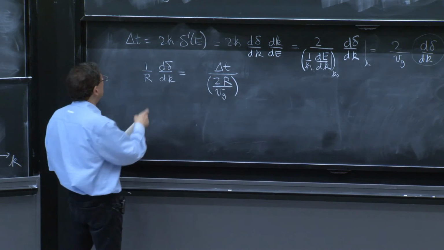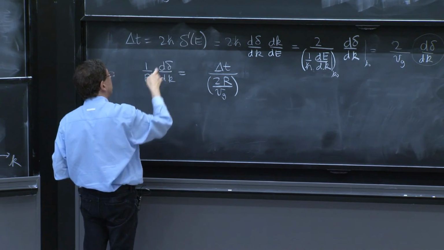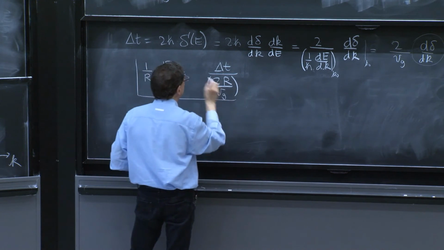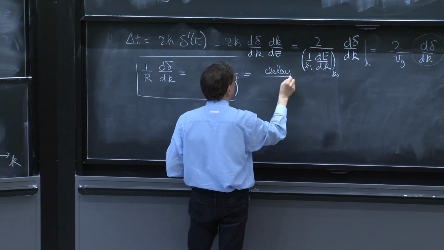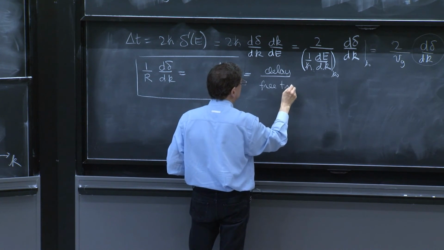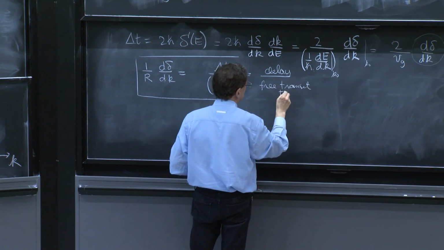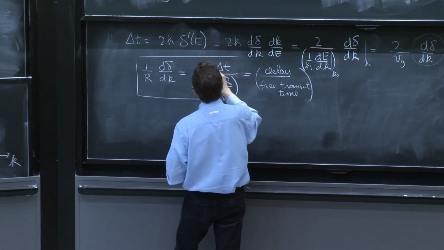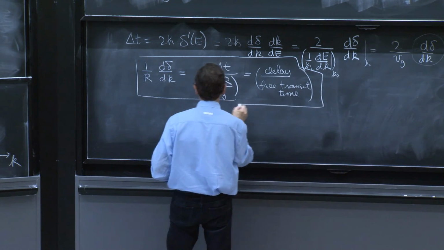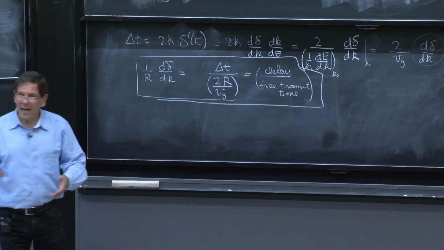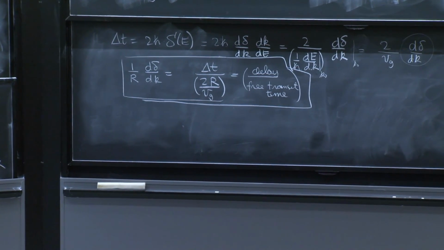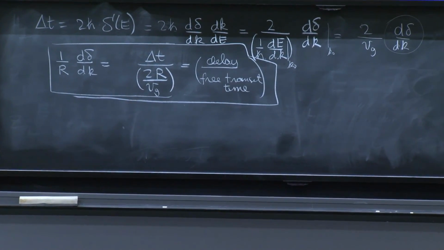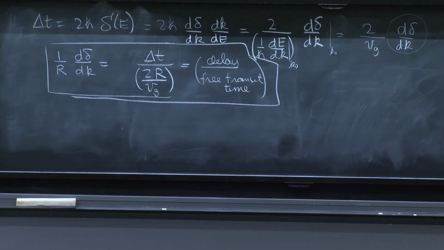But here, by computing this quantity, not exactly delta prime of E, but this quantity, you get an insight, because this is the delay divided by the free transit time. It's kind of a nice quantity. You're dividing your delay and comparing it with the time that it takes a particle with the velocity that is coming in to do the bouncing across the finite range potential.